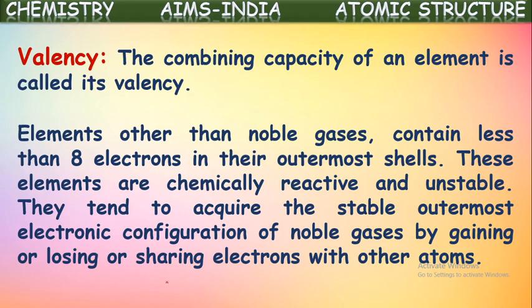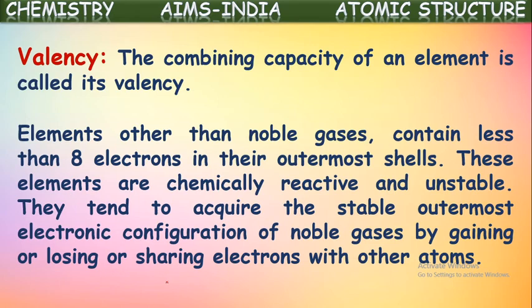So these elements also will try to attain 8 electrons in their outermost shell. That is called the reactivity of these elements. They tend to acquire the stable outermost configuration of noble gases by gaining, losing or sharing electrons with other atoms.